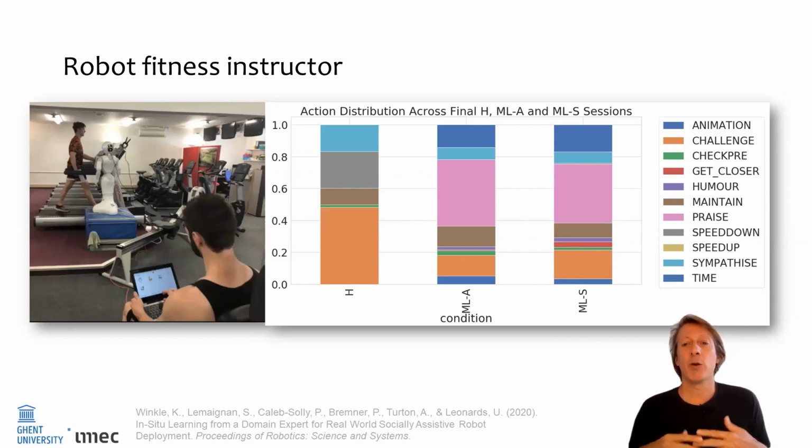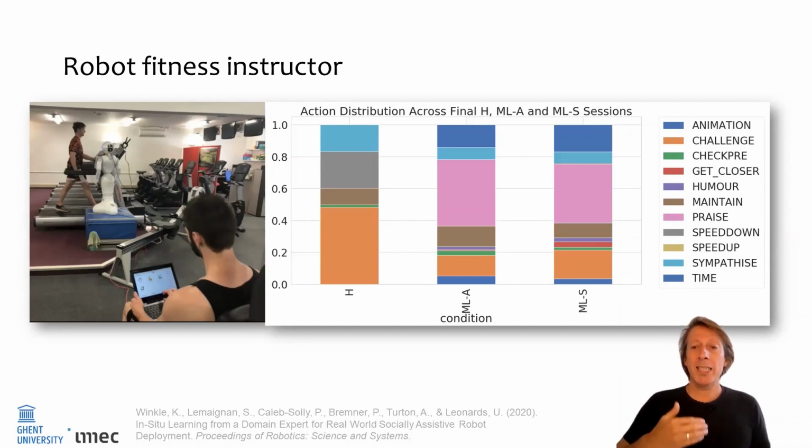These are heuristics that the human expert would program in the robot, and they're very different from what he actually did. It shows that people are very poor at explaining what the robot should do, and they're much better at demonstrating what a robot should do. So this method really might be a way forward in teaching robots how to become social.